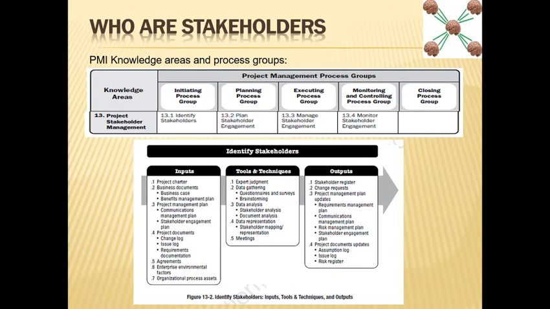Then your enterprise environmental factors and your organizational process assets. These two things are the final inputs that tell you exactly, for example, if you want to have new procurement, if you want to give some part of the project to a subcontractor, then what is the process?